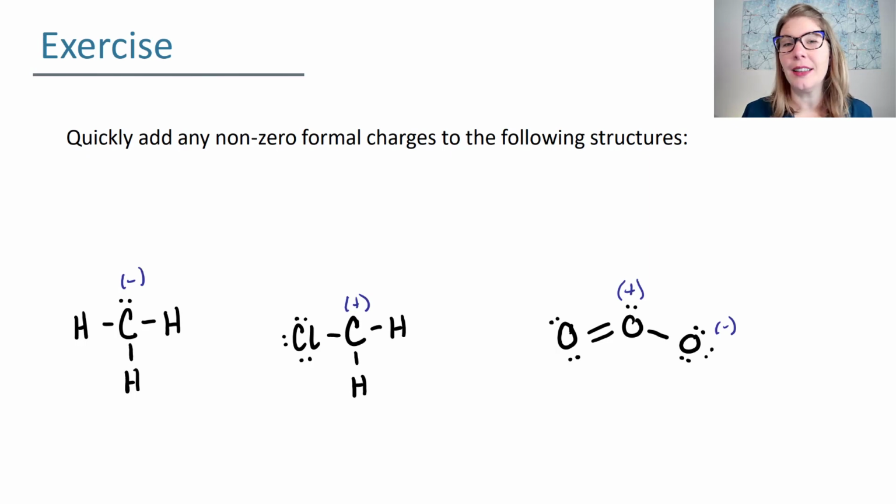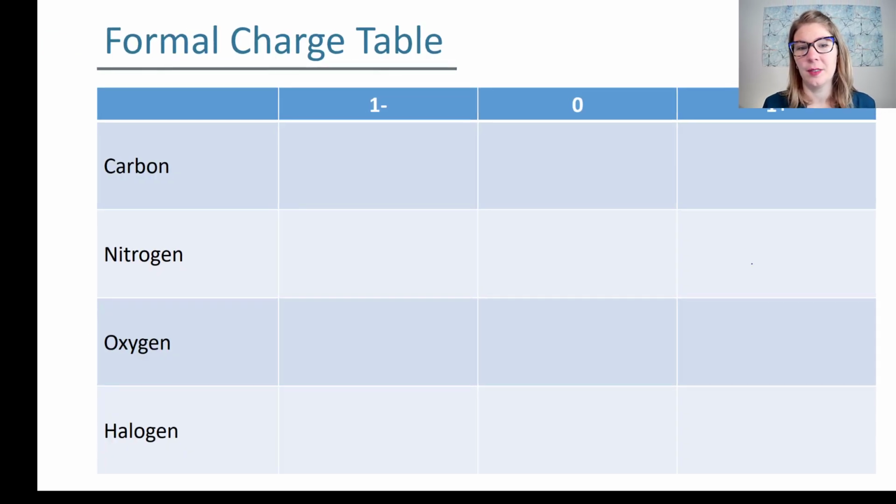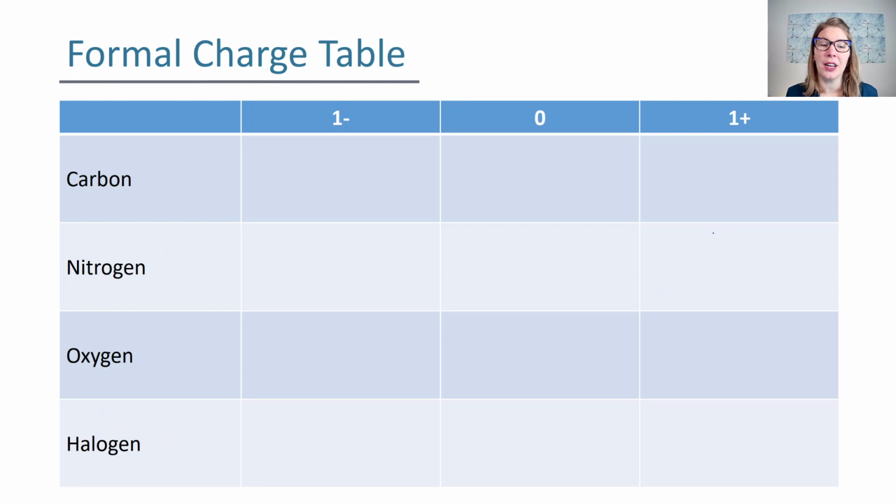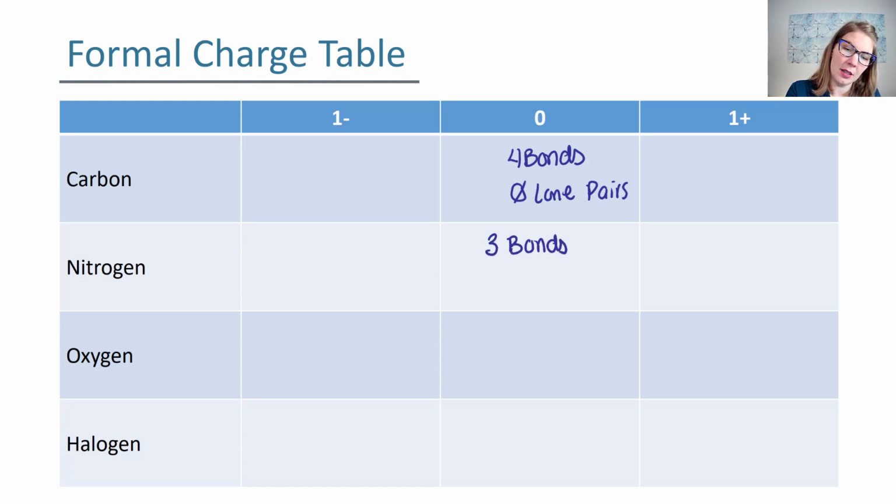So let's talk about how you're going to find the patterns. What I want you to do is I want you to fill in a table that looks like this. I want you to remember that carbon normally is tetravalent, which means it forms 4 bonds and no lone pairs. Nitrogen, we said, forms 3 bonds and 1 lone pair.